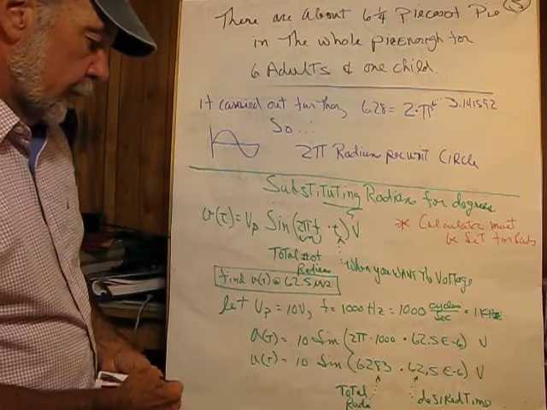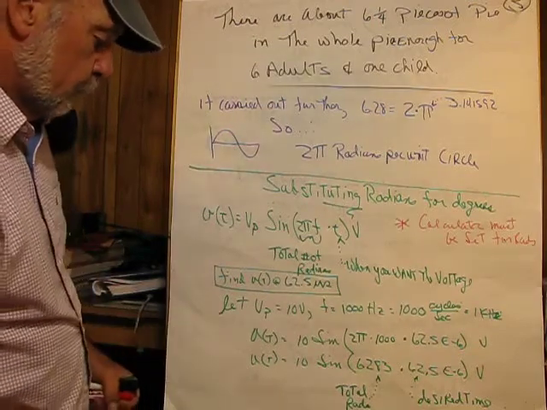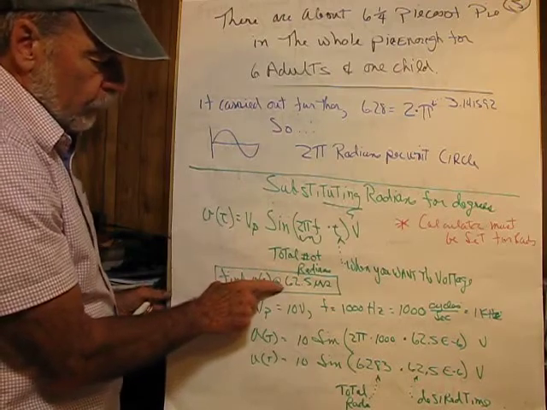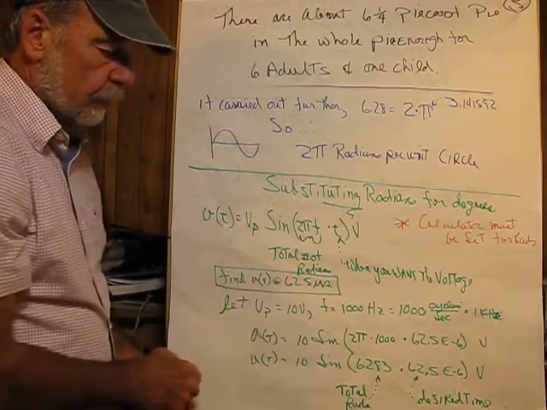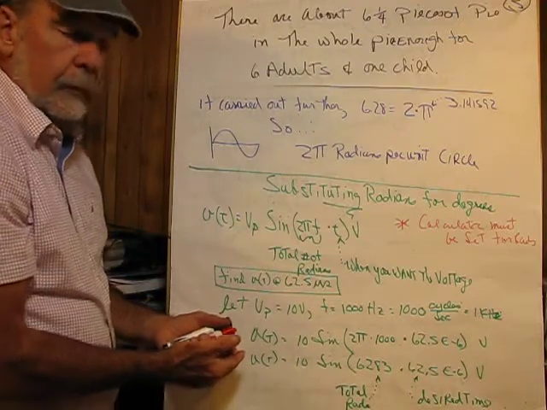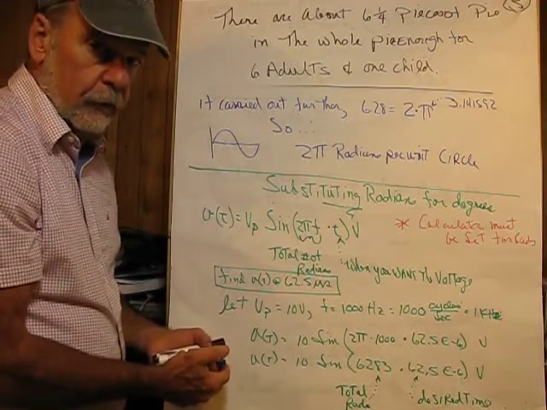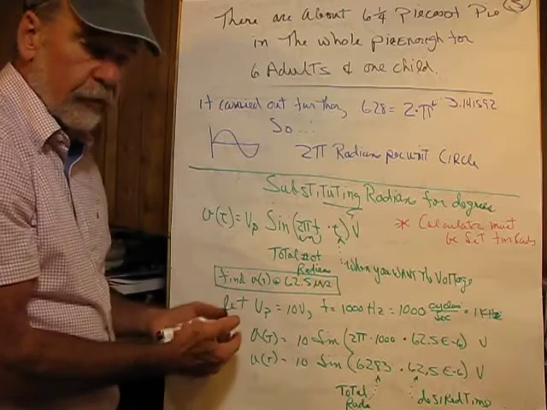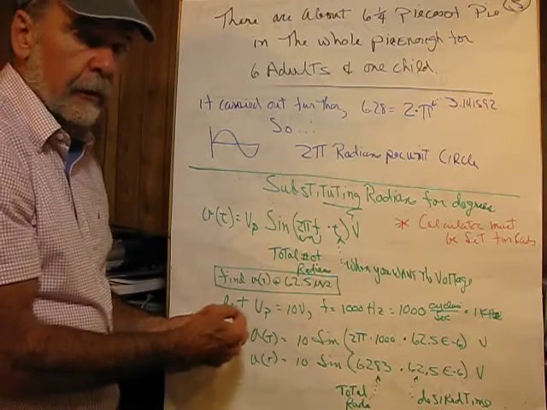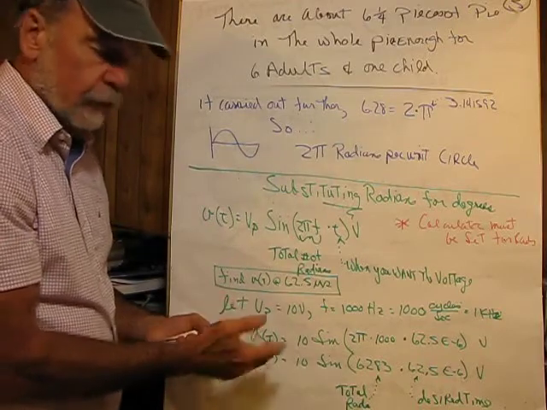Okay, so let's take an example here, and what we want to do in this case is find V of t when t equals 62.5 microseconds. Now, what you need to be very familiar with is what microseconds means, and that's 10 raised to the negative 6 power, or on a calculator it's going to be inner exponent negative 6.